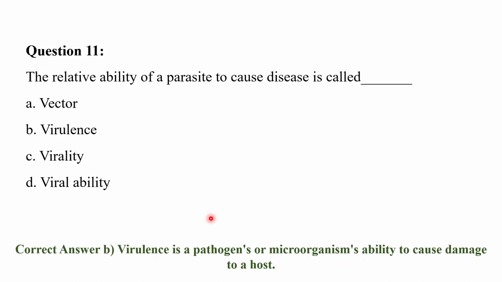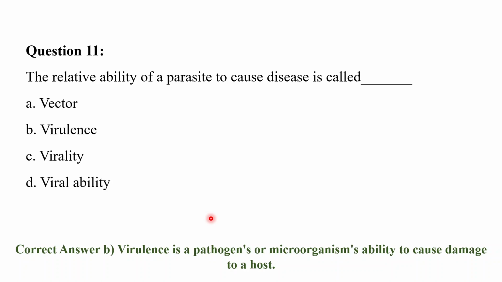So you remember when the Delta variant was causing the infection, it was more severe, and the patients were in more severe conditions, right? Whereas in the case of the Omicron variant, the cases were less severe. So you can say the virulence factor of the Delta variant of COVID-19 was higher than the virulence factor of the Omicron variant.